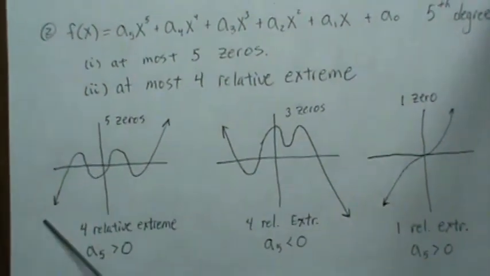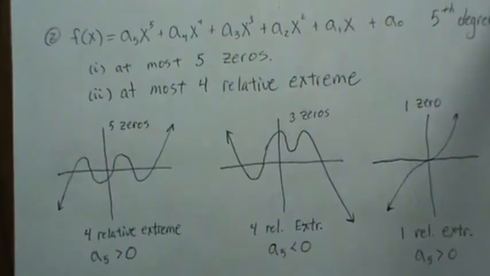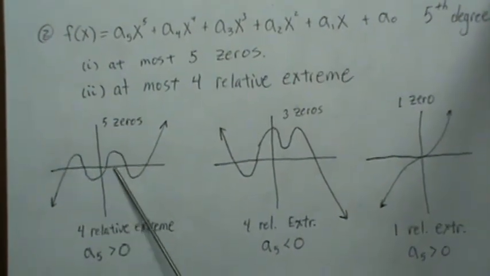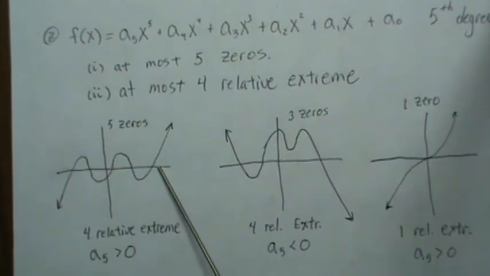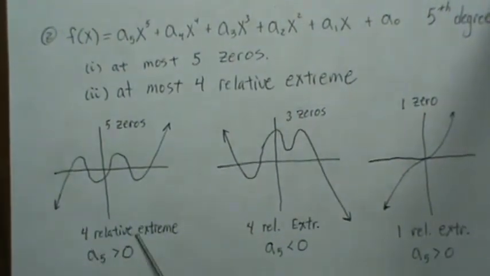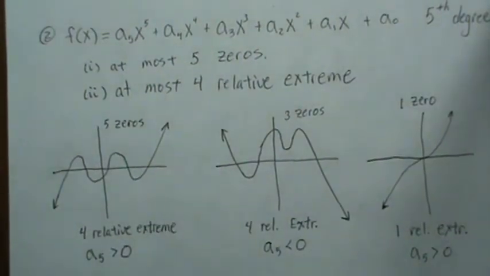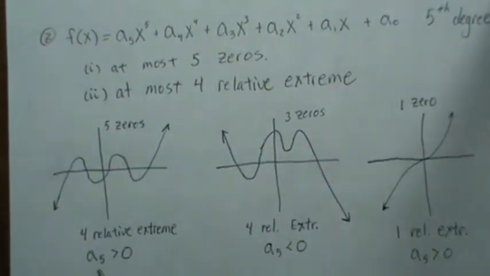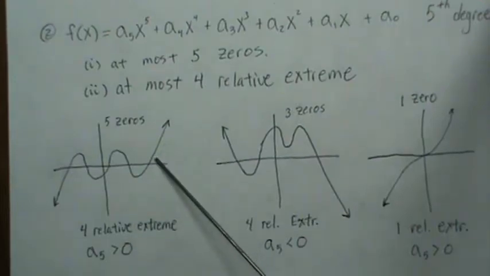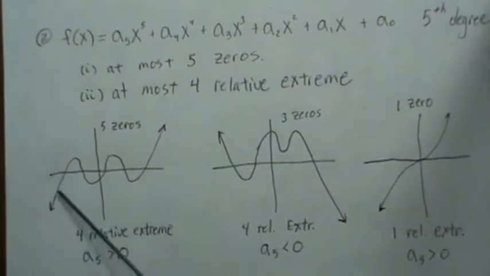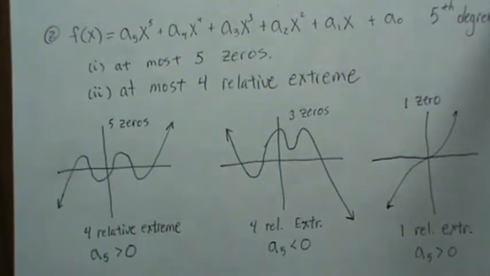Here's an example that has 1, 2, 3, 4, 5 zeros, has 4 relative extremes, 1, 2, 3, 4, and the leading coefficient is positive in this case, and remember the leading coefficient only tells us what happens at the extremes.